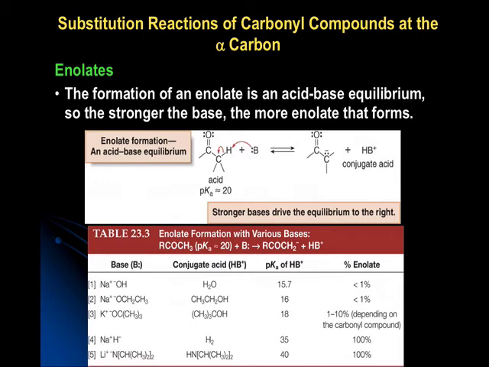And so things like lithium diisopropylamide are going to have pKa's that are large enough to drive this reaction completely to the right. And so if I want to generate an enolate completely, I need to use a strong non-nucleophilic base in a polar aprotic solvent.